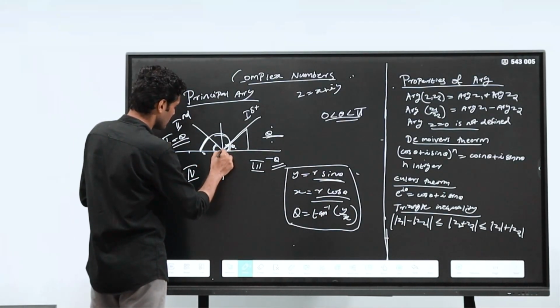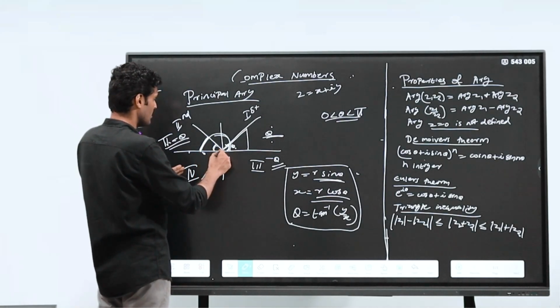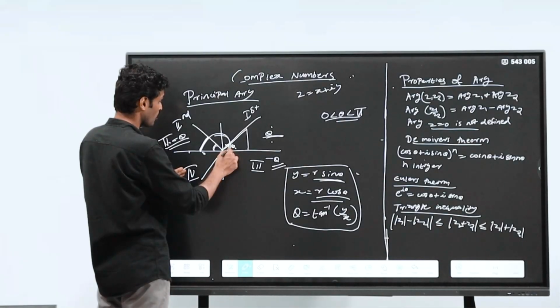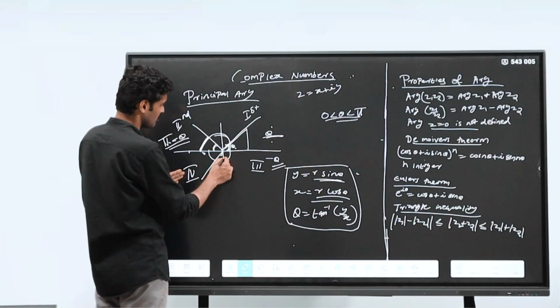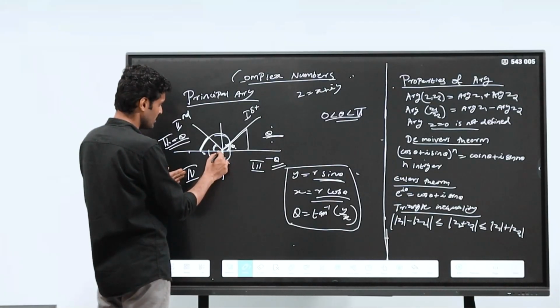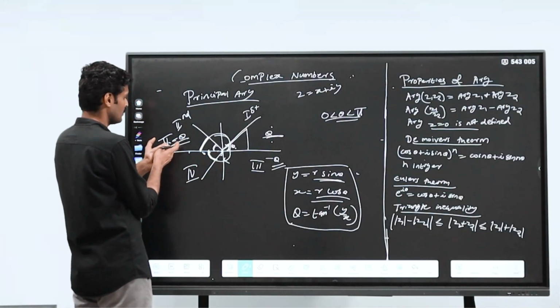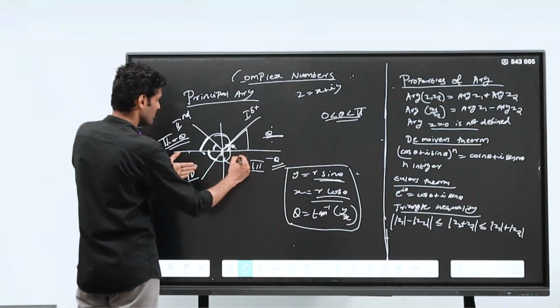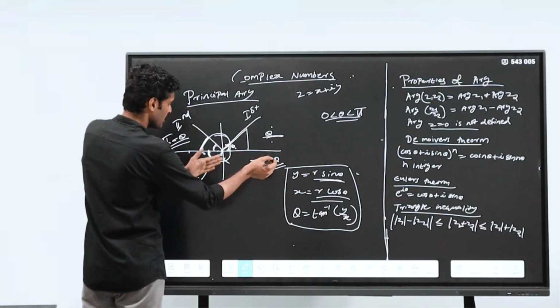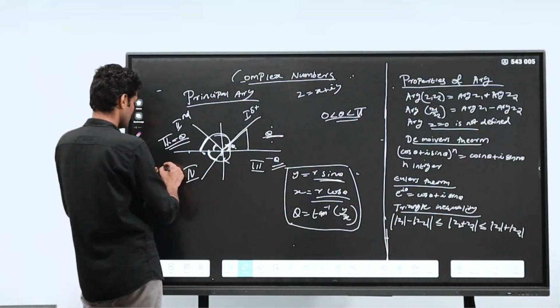In the third and fourth quadrant there will be an angle generating in a clockwise manner, like this. So we need to find the angle from here to here. So like this, minus theta will be the argument right here.